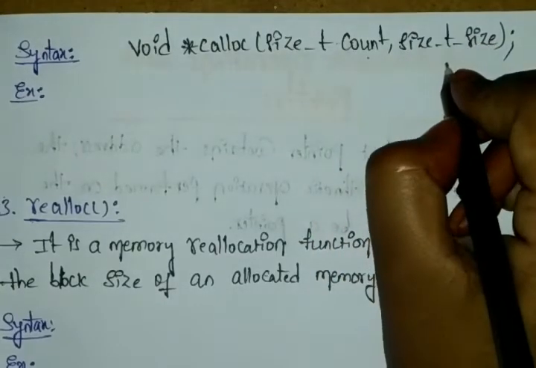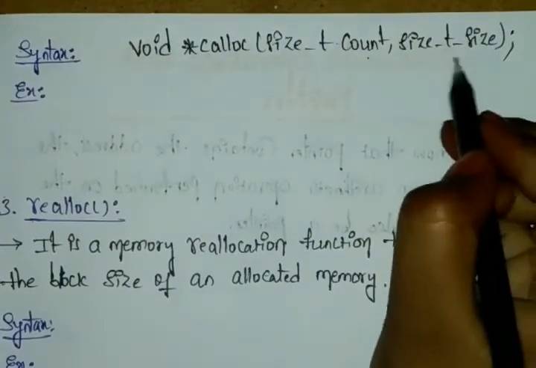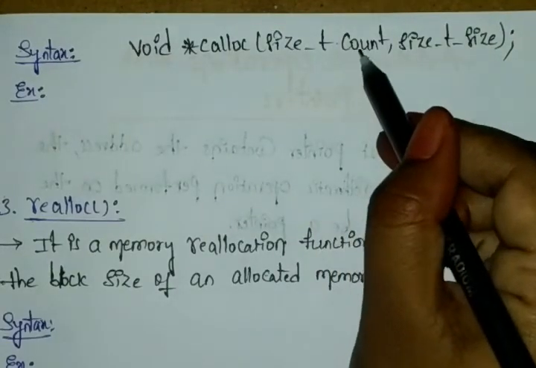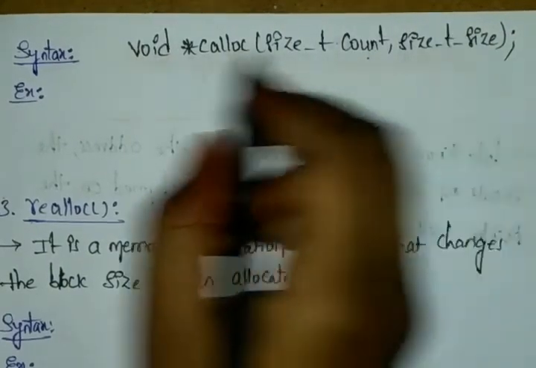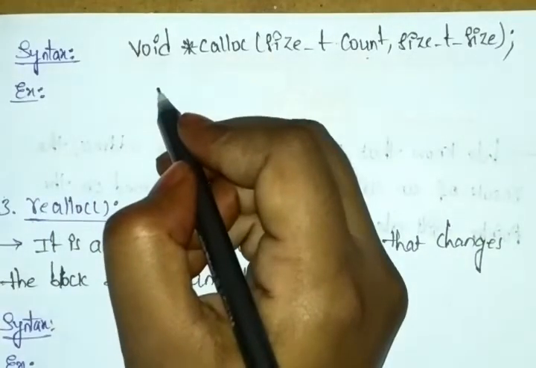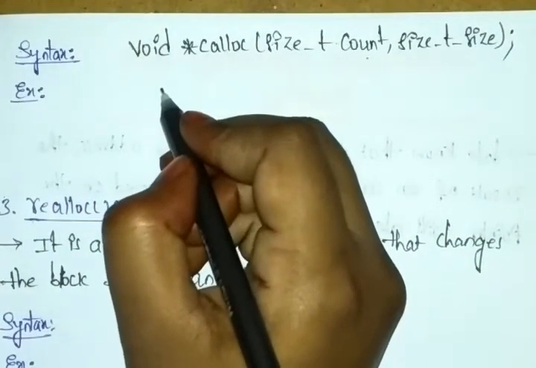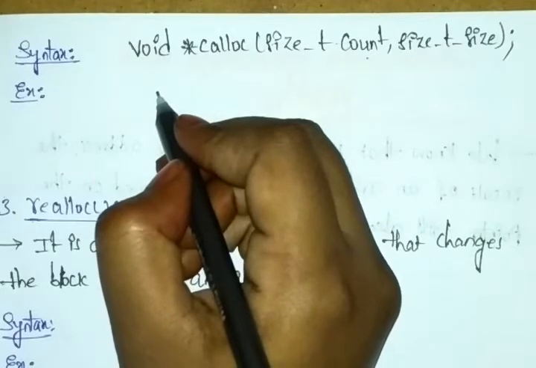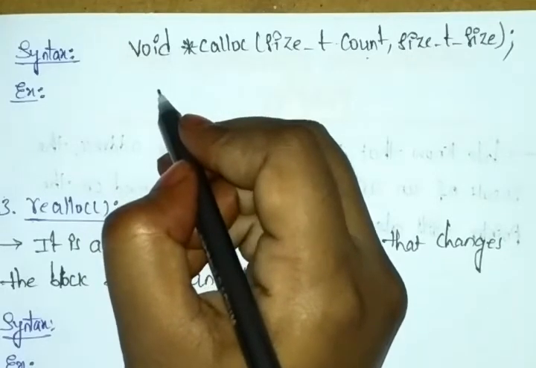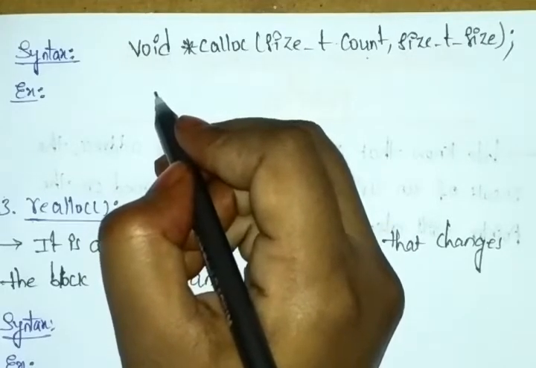And next we have size_t, which is also from standard input output. The return type is a void pointer. If it allocates successfully, there is no problem, otherwise it returns null.